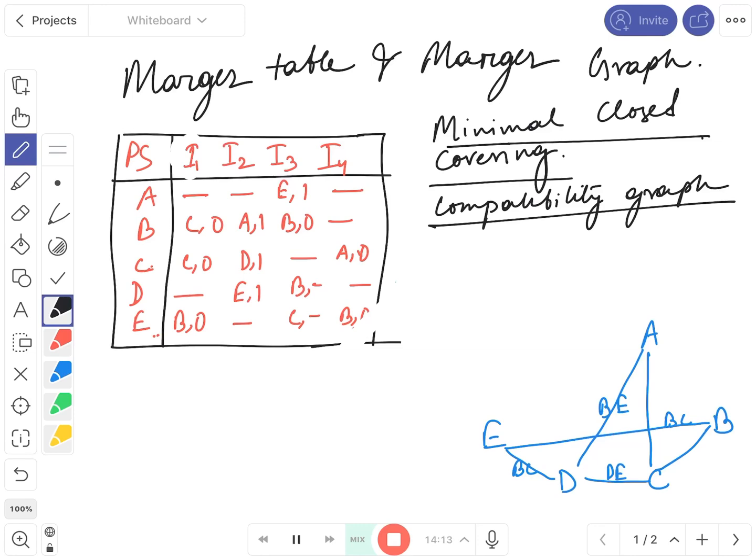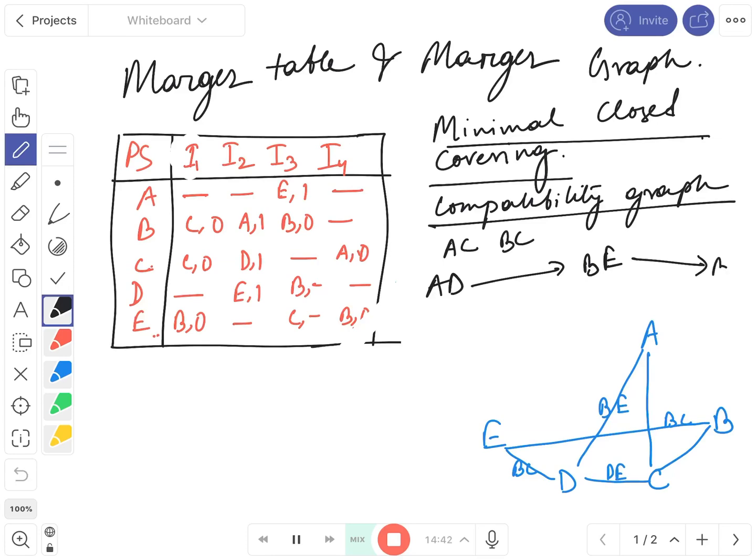So AB doesn't have any implied state, AC doesn't have any implied state, AD to BE is there, then AE is not there, then BC doesn't have any implied state, then BE, then B to BC is there.